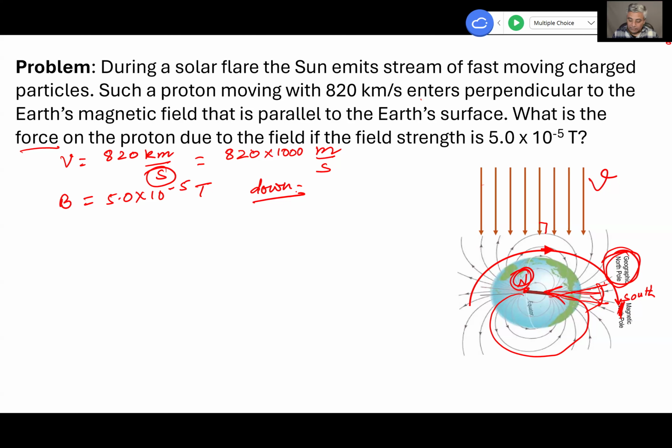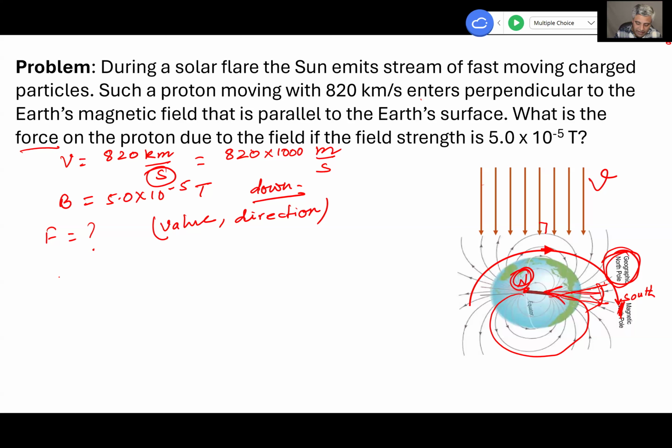Now the question is, what is the force? That means value and direction. Remember, force is a vector, so we need to calculate both. It did not say just find the value or direction, so when it says just force, we need both.